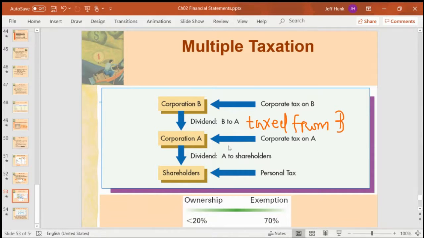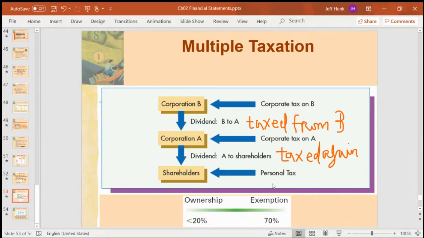And then when corporation A pays dividend to shareholders, and this dividend from B to A is part of corporation A's income, right? Corporation A also pays tax on their income, which includes that already.